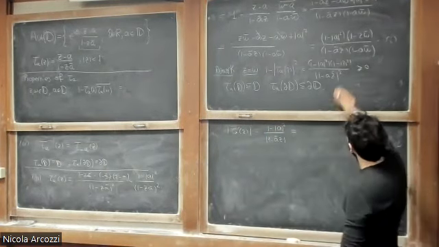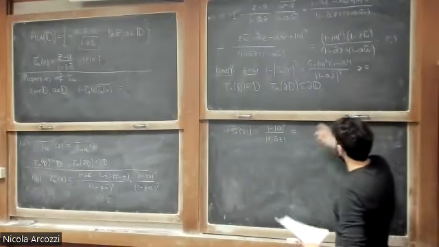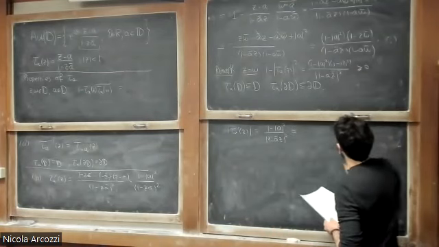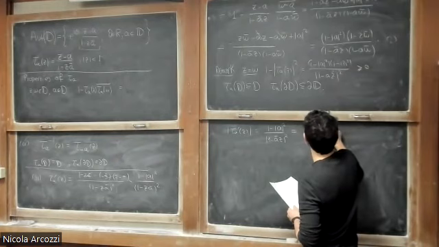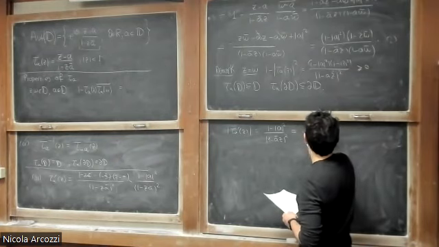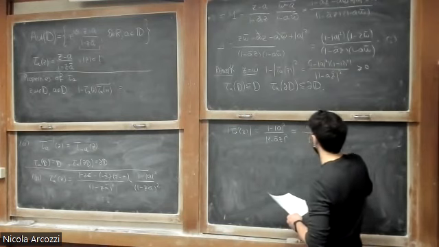But by the relation that we have found above, this is exactly equal to 1 minus |tau A|² divided by 1 minus |z|².